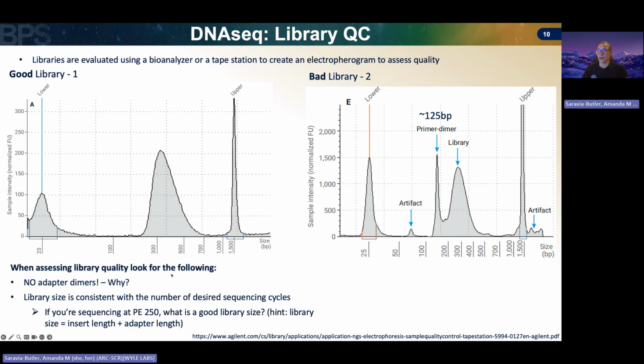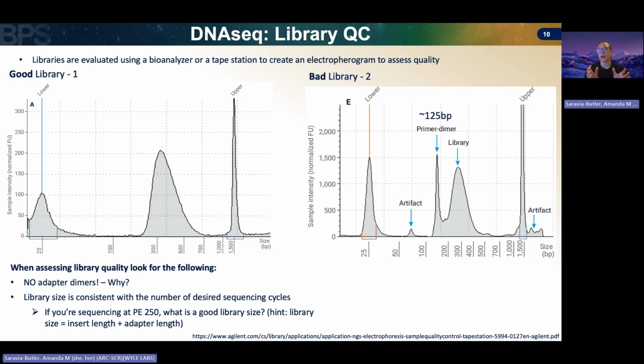So when assessing your library quality, you want to look for the following. You want to make sure that you have no adapter dimers like you see here. And why? That is because if you sequence your sample and it has adapter dimers in it, because those adapter dimers are small, they're going to be roughly around 125 to 145 base pairs, depending on the length of those 3 different pieces of your adapter.